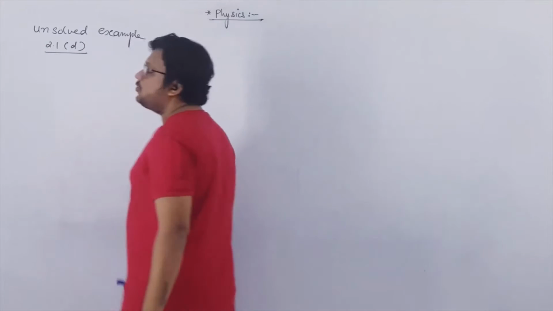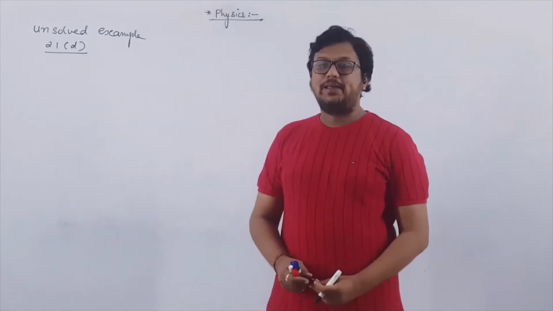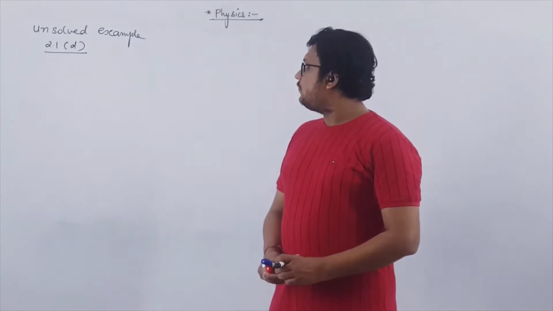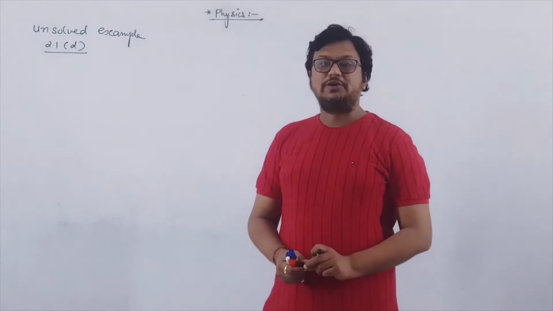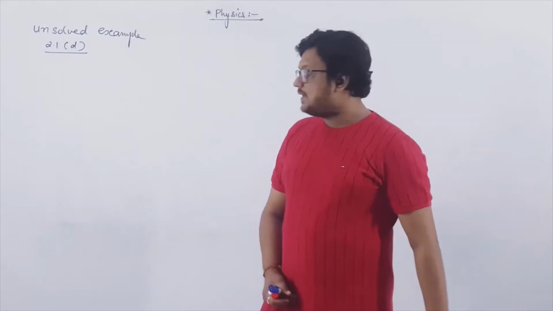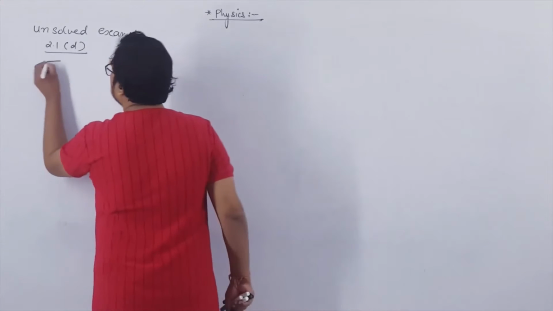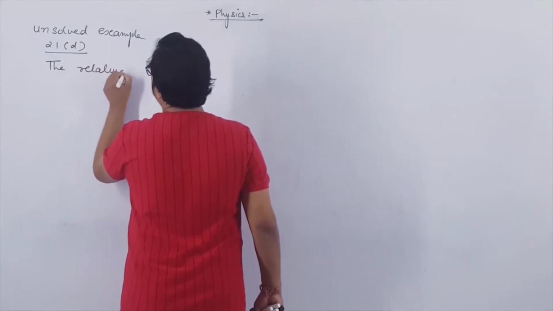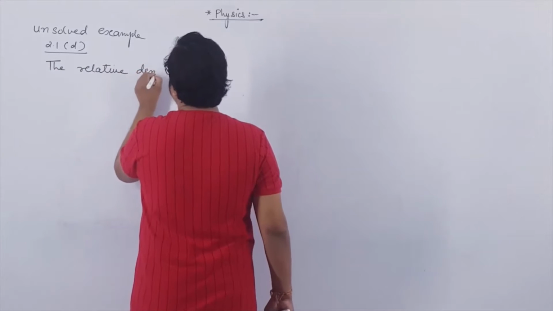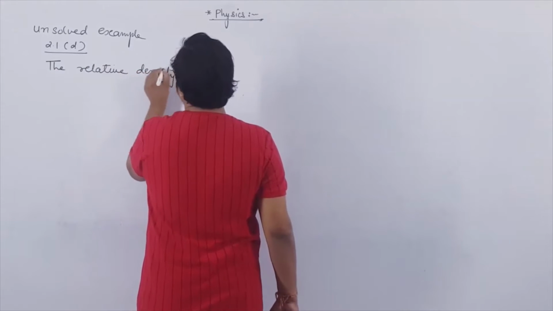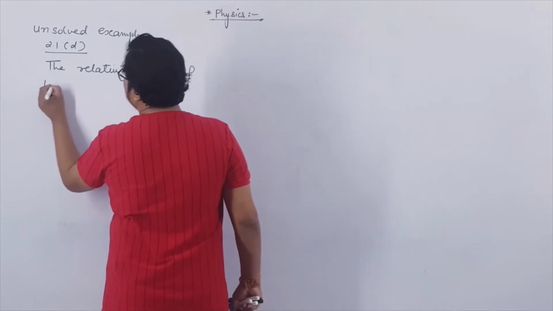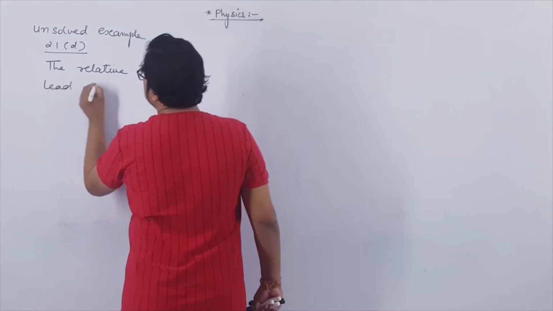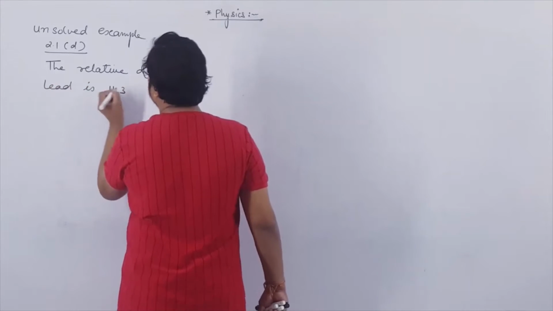So in unsolved example 2.1, it was given to fill in the blanks, and in that we have calculated A, B and C. Now D: the relative density of lead is 11.3.